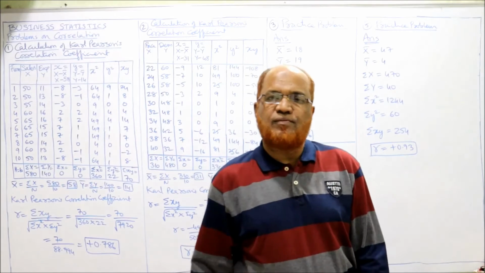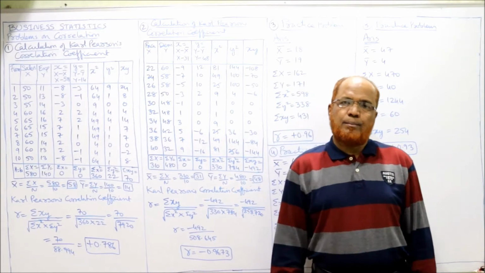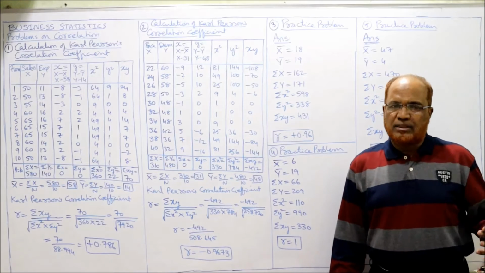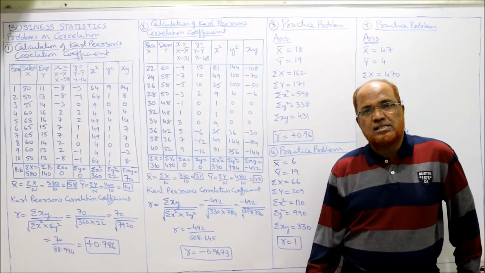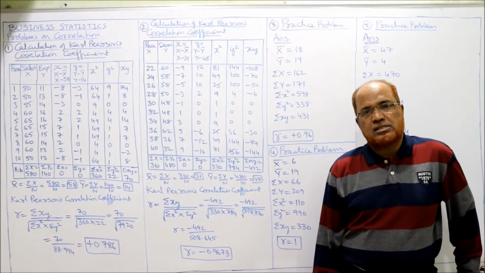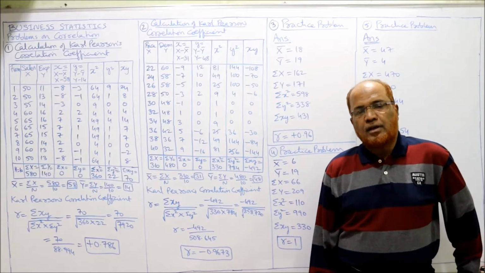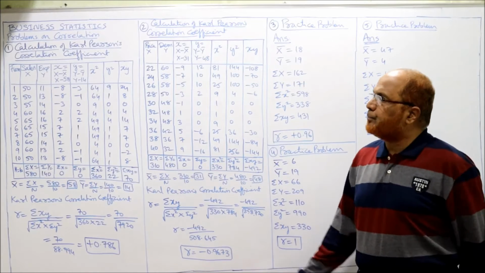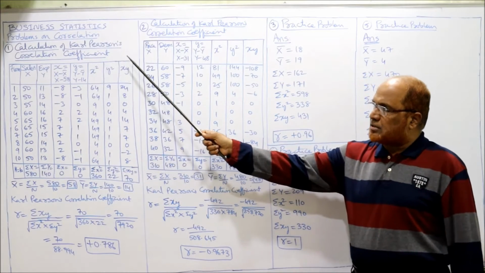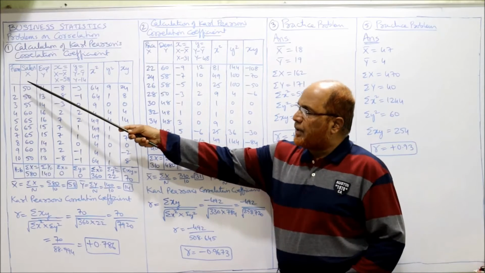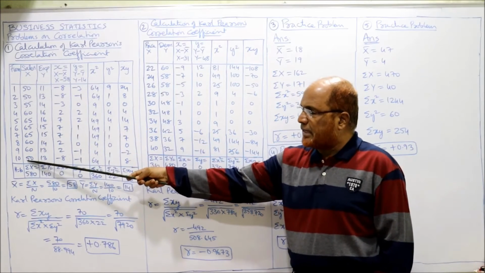It is not specified which method we have to apply, but the most important, accurate and precise method of calculating correlation is Karl Pearson. See carefully, this is the first problem: calculation of Karl Pearson's correlation coefficient. In the first column I have copied the firm numbers 1 to 10.